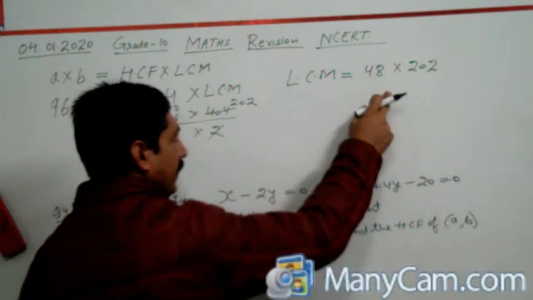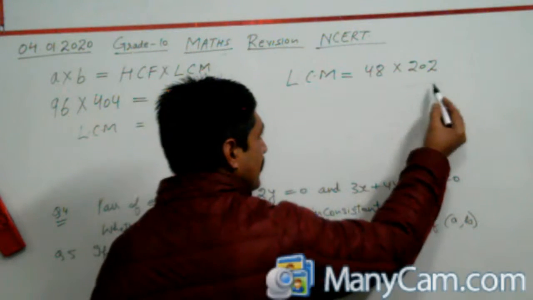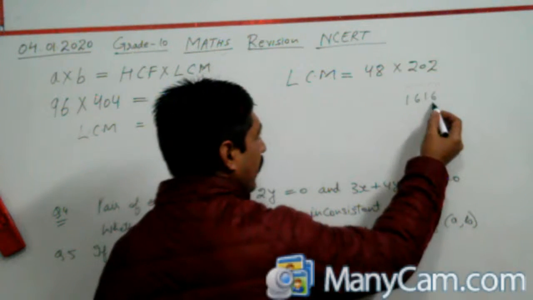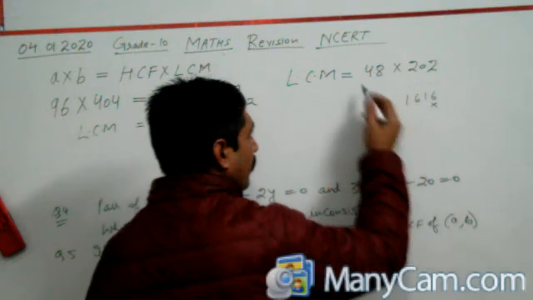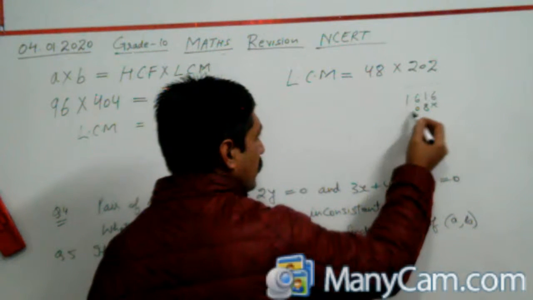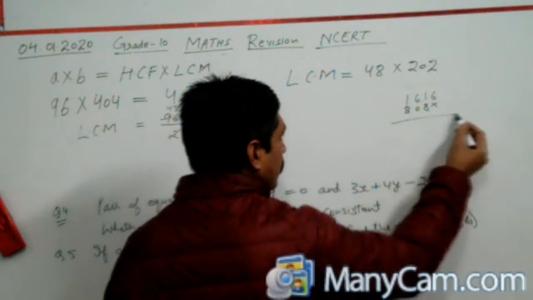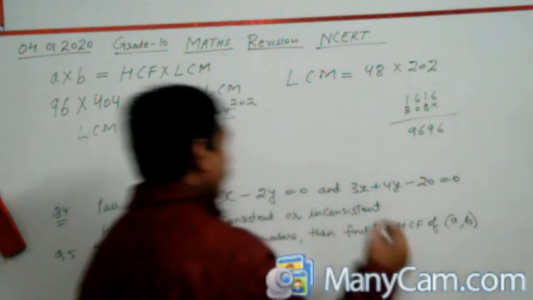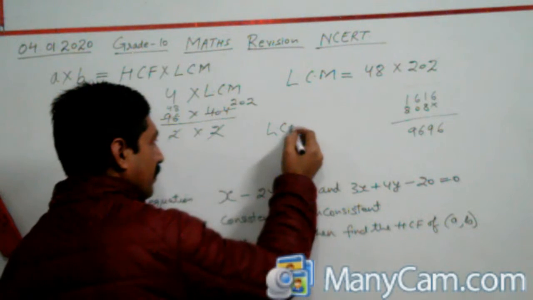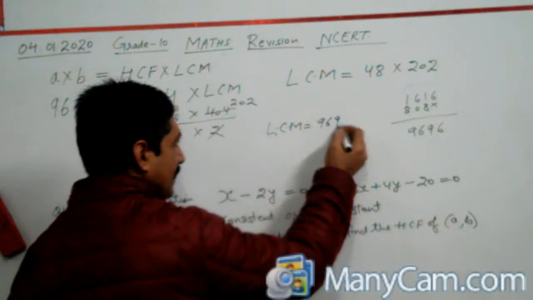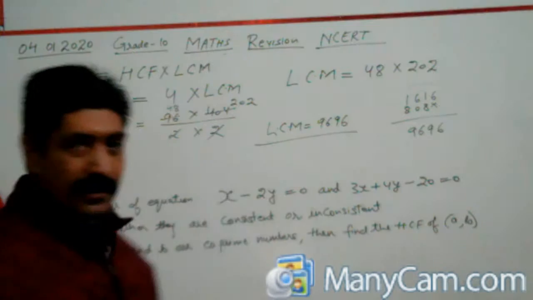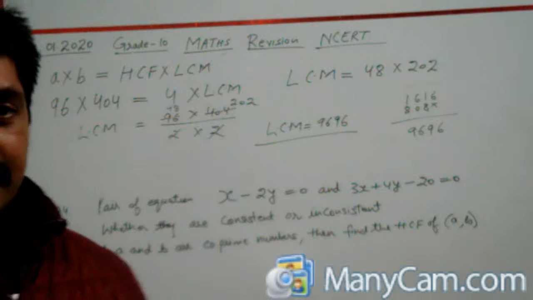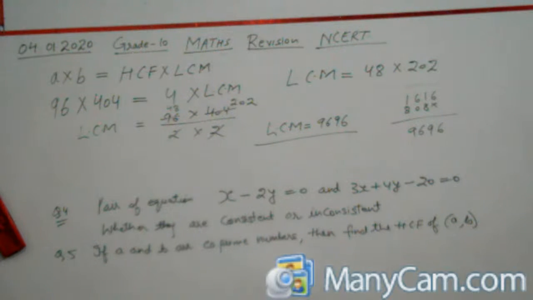When we multiply here, 8 twos are 16, again 8 twos are 16, and then 4 twos are 8, 0, 4 twos are 8. So we have the product 9696. This question is asked so many times, I think it is an NCERT question, right? So the LCM here is 9696.